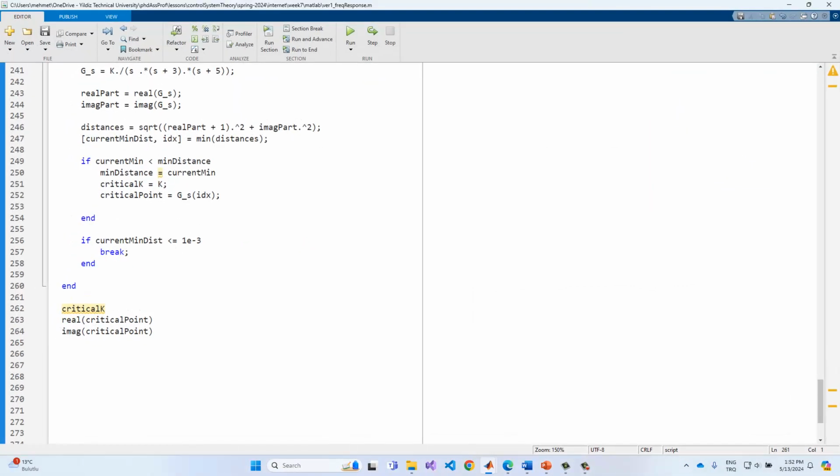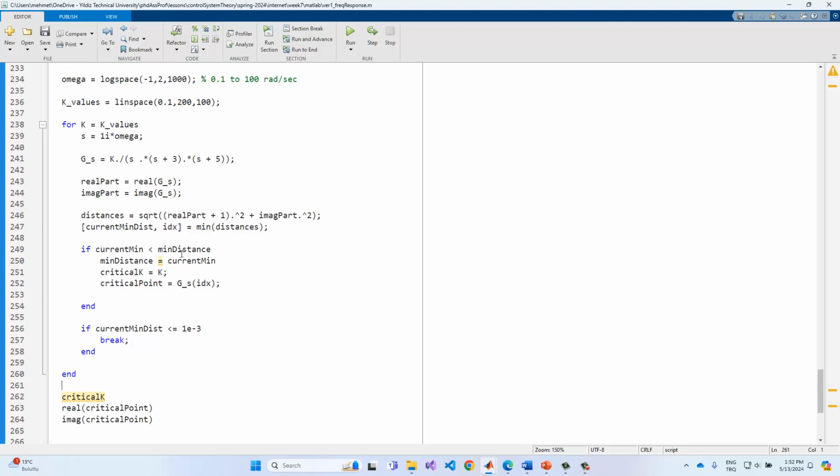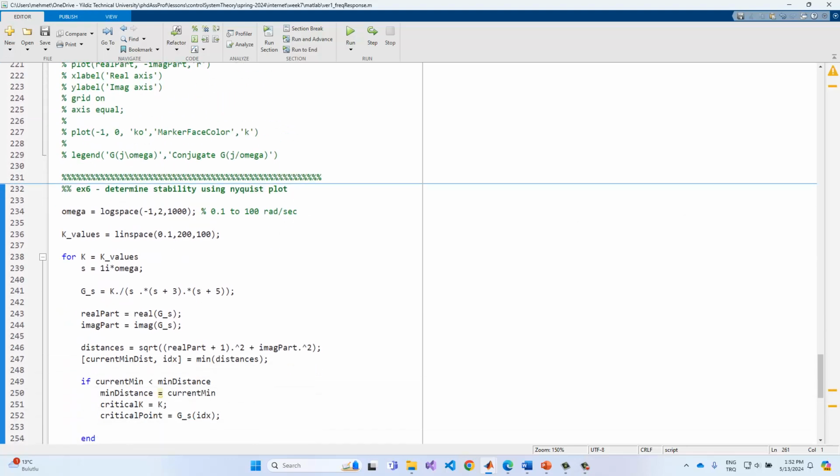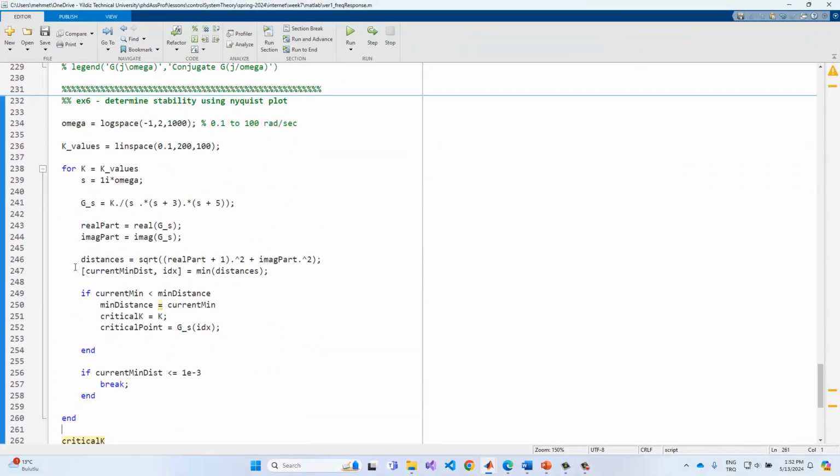Current mean does not read in here, and so what is this code? Which part? 249. Current mean, yeah. Okay, dist, I'm sorry.